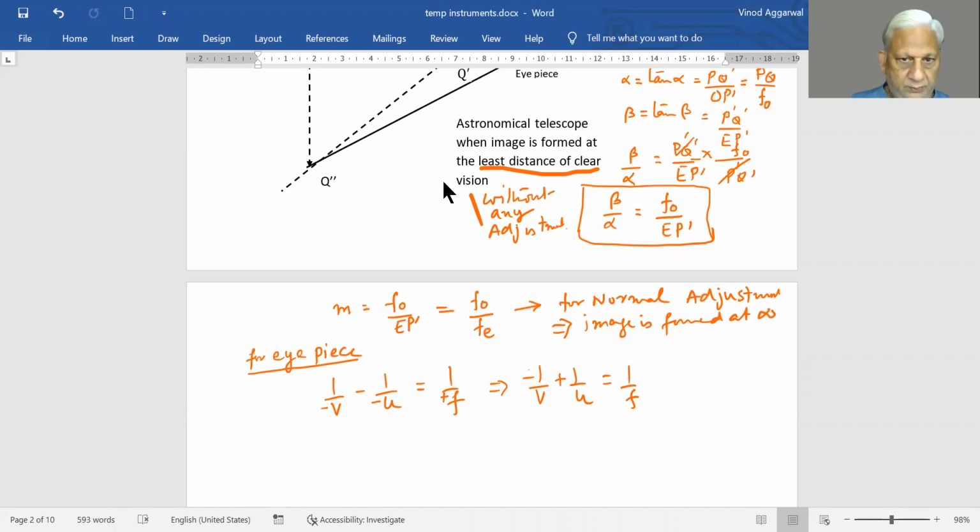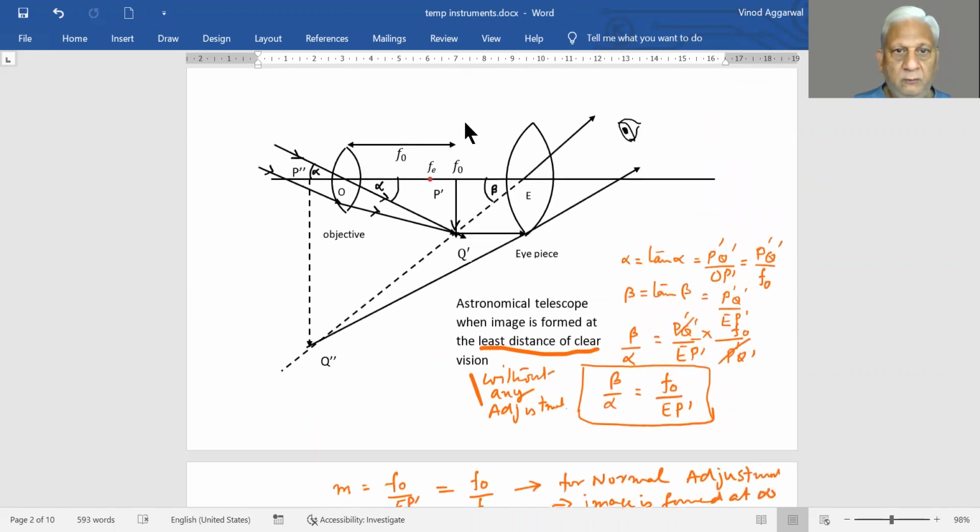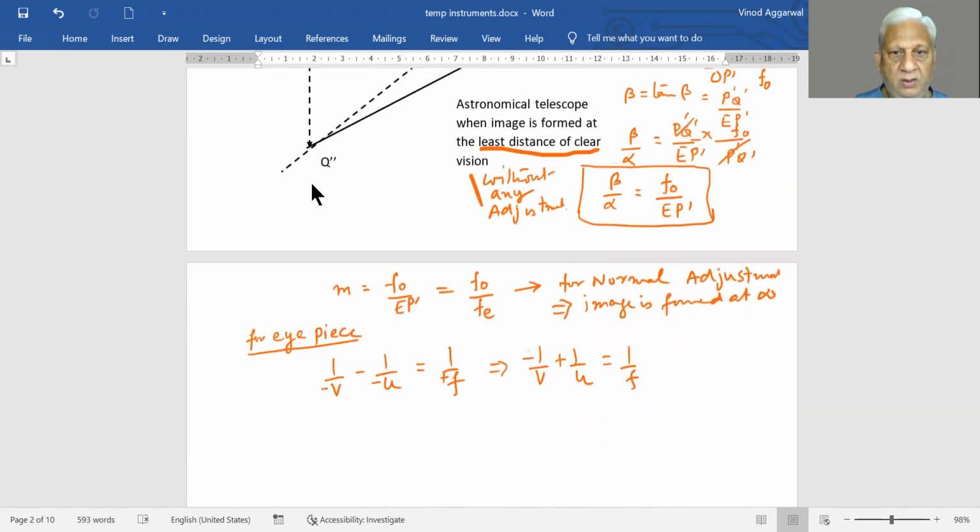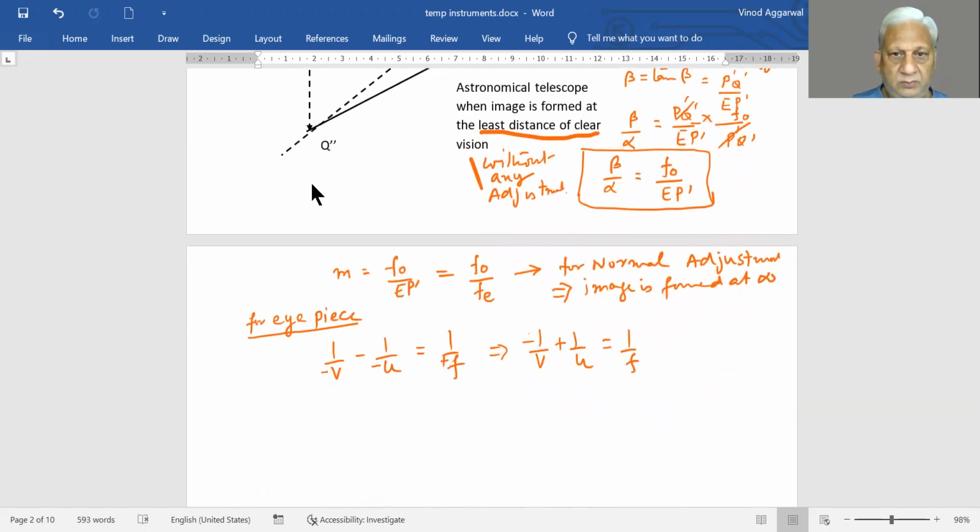Now put some values. 1 over V. For the eyepiece, what is V? V is this distance, E P double dash. What is U?